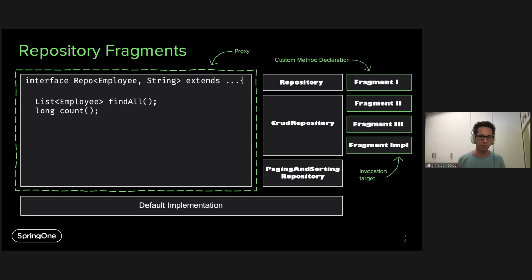And at application startup time, we are going to look for those fragments and fragment implementations, and hide those behind the repository proxy and invoke the method for you so that you don't have to worry about it and still expose this centralized access, the repository, to your API customers.